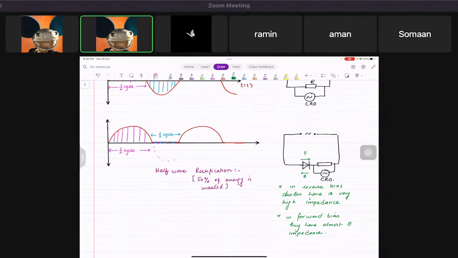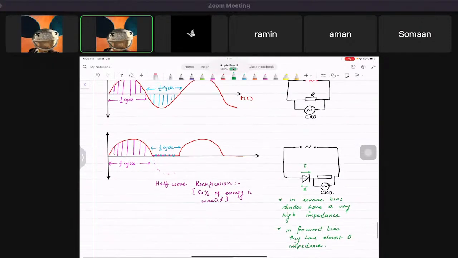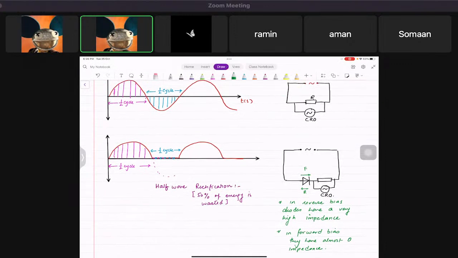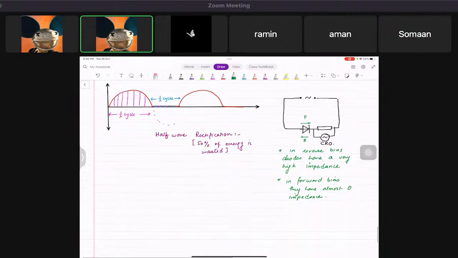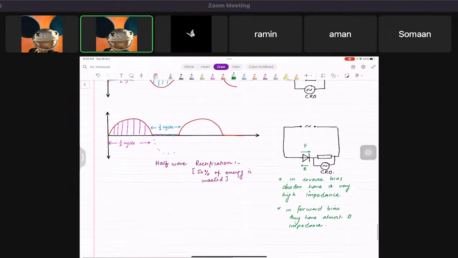That's why you see that half of it is wasted, and we don't like that at all. So we have to do something about it to make sure that we can eventually get a full wave. You guys have drawn this. If you have any questions, let me know.